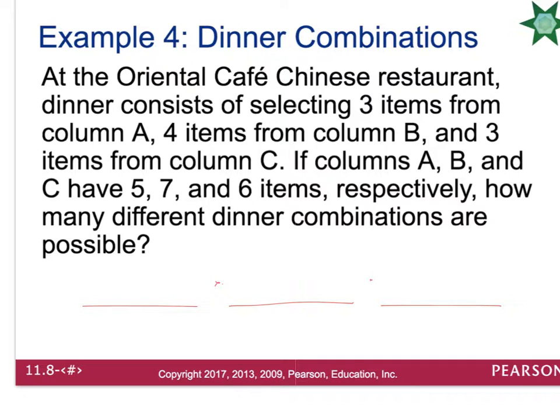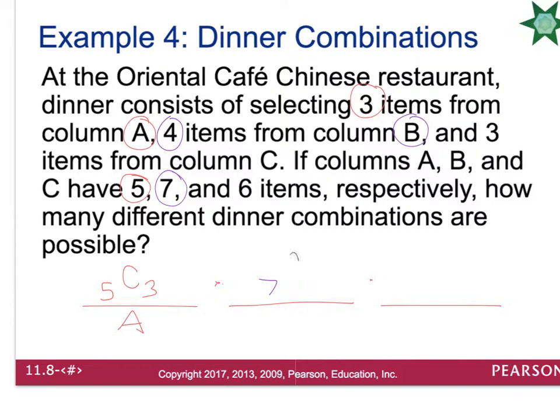All right, so let's look at column A first. We are supposed to select 3 items from column A, and column A has 5 items in it. Now again, the order does not matter here, so this is a combination problem. So we need to do 5 combination 3, and that's going to tell us what's happening in column A. Column B, we are supposed to select 4 items from column B, and column B has 7 items in it.